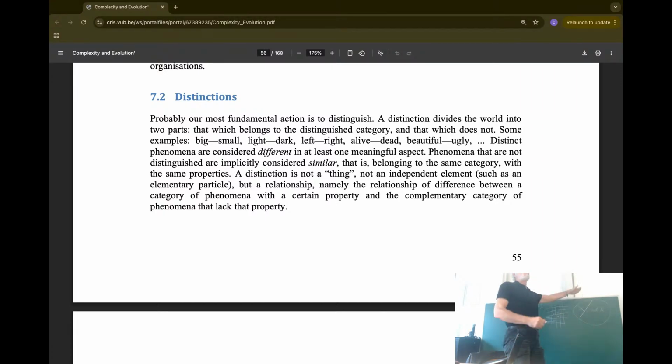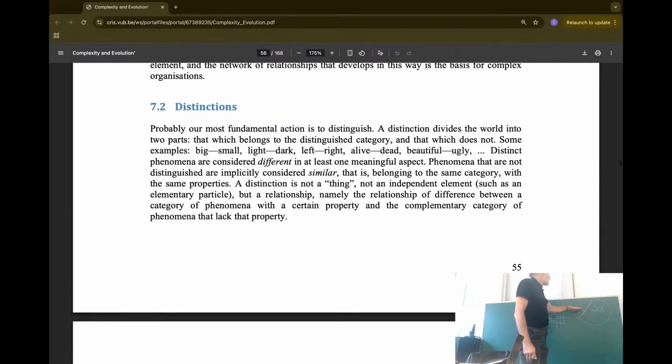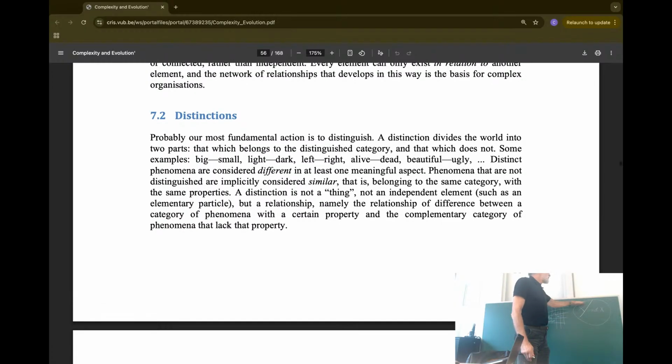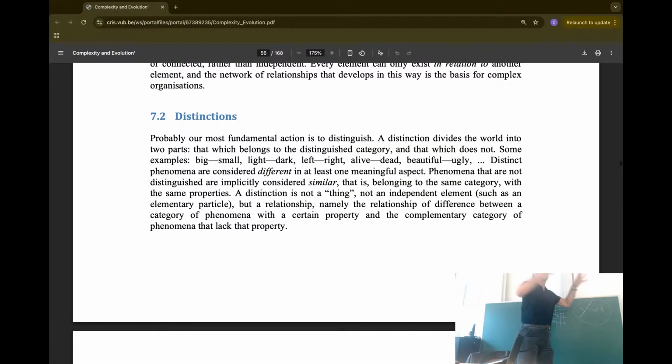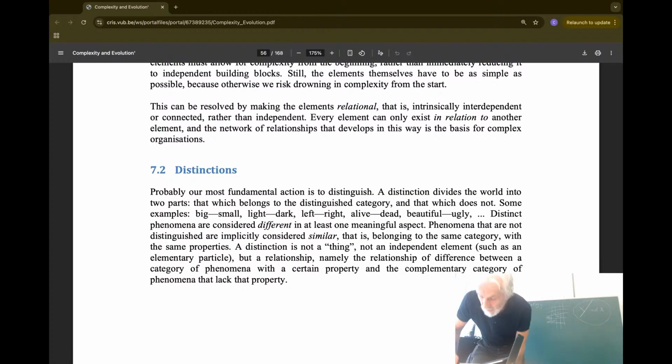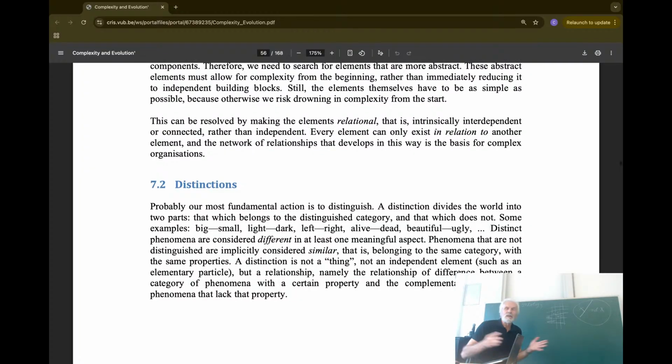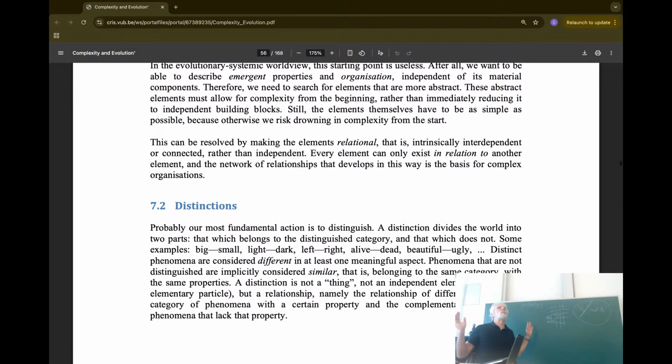X could be all the black things, all the material things, all the living things. So if X is all the living things, then not X is everything else that is not alive. So why is that distinction so important? Because without a distinction, I can't say anything about anything.